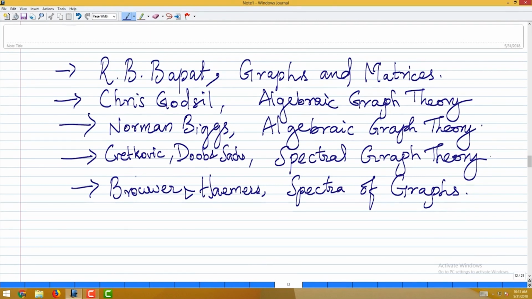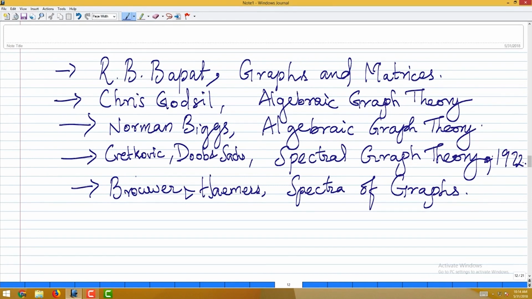I do not remember the exact title of the Cvetkovic book, but one of the two titles you can just search. This is the first book which was published, I guess in 1972, and the other books are a little more recent.